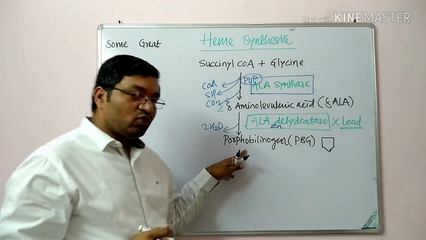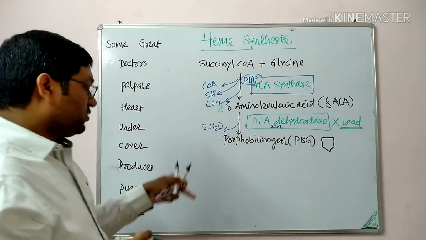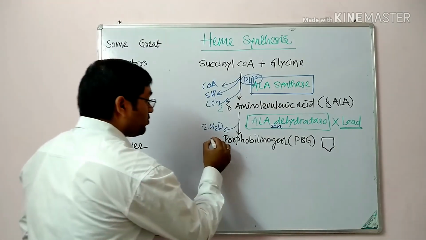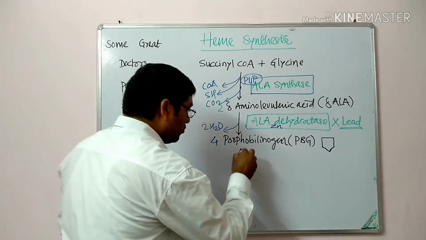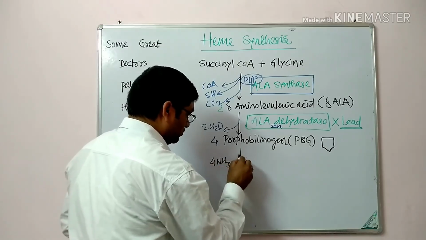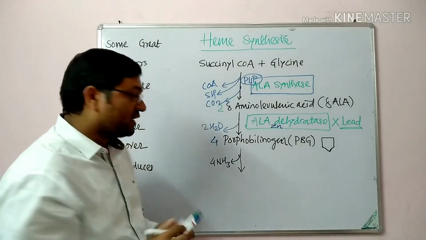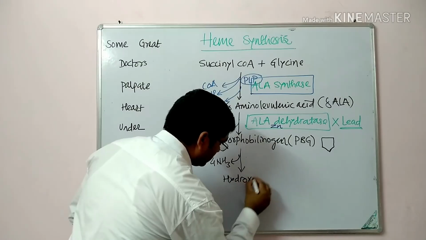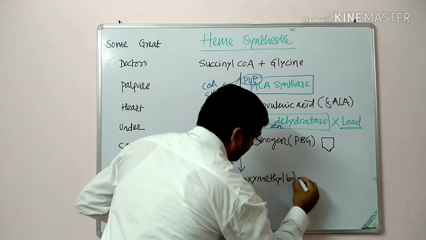Now coming to the porphobilinogen, which is a monopyrrole, there is formation of one pyrrole ring. In the next step, 4 molecules of porphobilinogen condense with the removal of ammonia. It gives a compound, the name of the compound is hydroxymethylbilane.